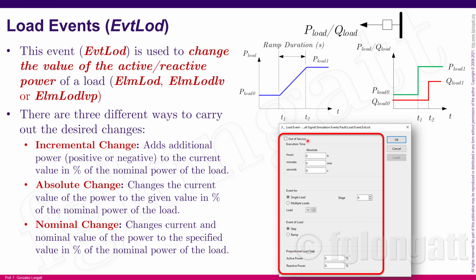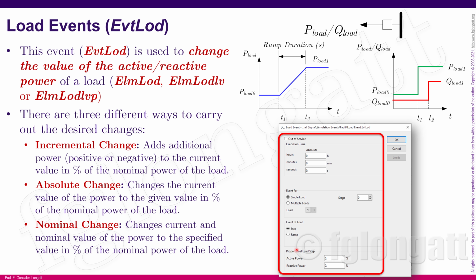What you need to do is define here the specific time that you want to increase or decrease the load. Then you define if you will increase or decrease one or multiple loads, even if you want to use different stages, okay? And then you define the shape. If you want to use a ramp, of course, you need to define the duration for the increase or decrease.